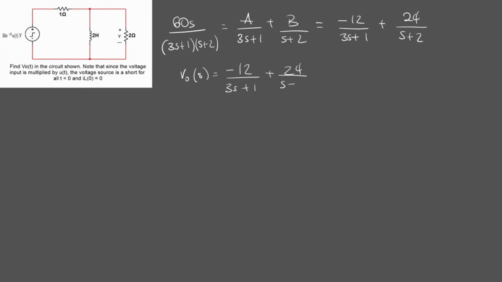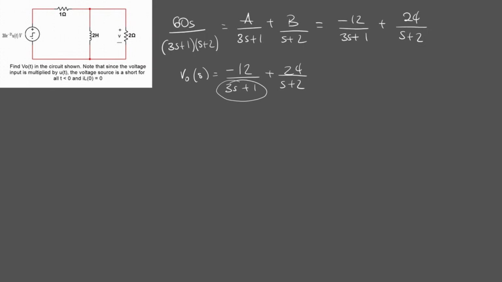We're practically almost there. What we need to do here is take note of this. Here we have s plus 2, and we're going to try to isolate only s here. The only way to do that is to factor out 3 from this denominator. 3s over 3 is going to be 1, and 1 over 3 is going to be 1 over 3.